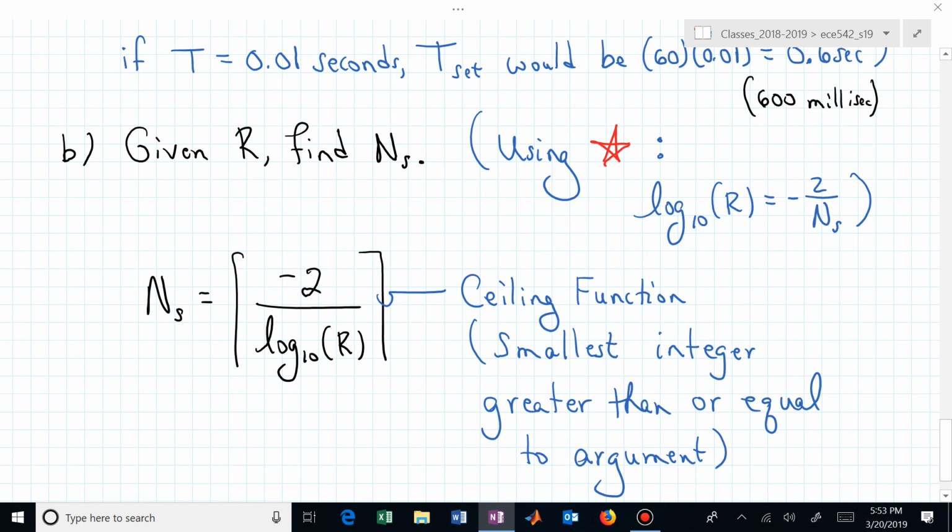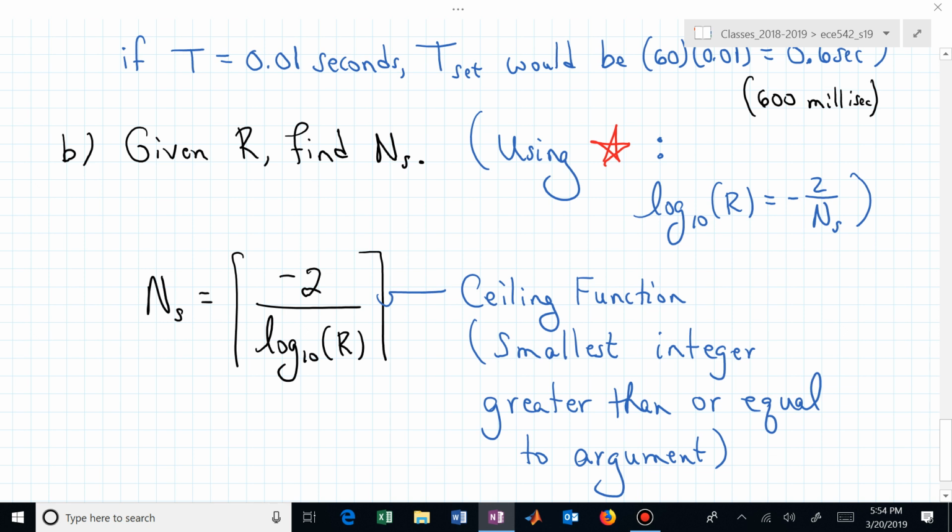We can now solve that for n sub s. But we have n sub s as an integer, and that's why I'm introducing this ceiling function. I'm not sure if that's really a function, but that's what I'm going to use. It's simply the smallest integer that's greater than what's inside the ceiling operation.